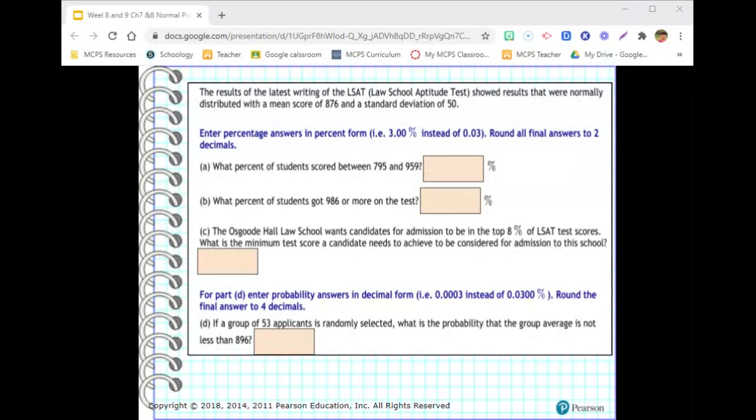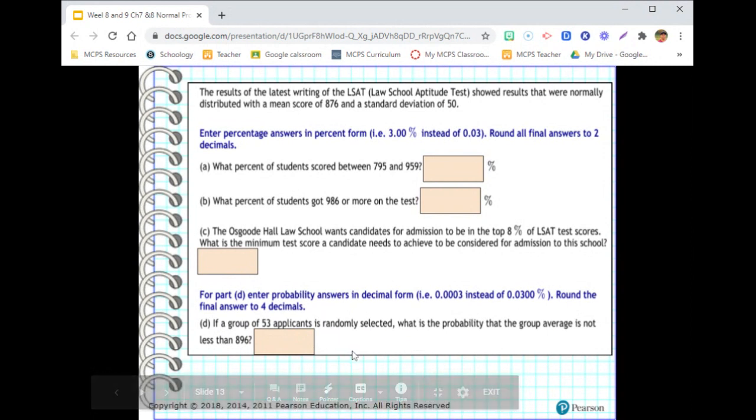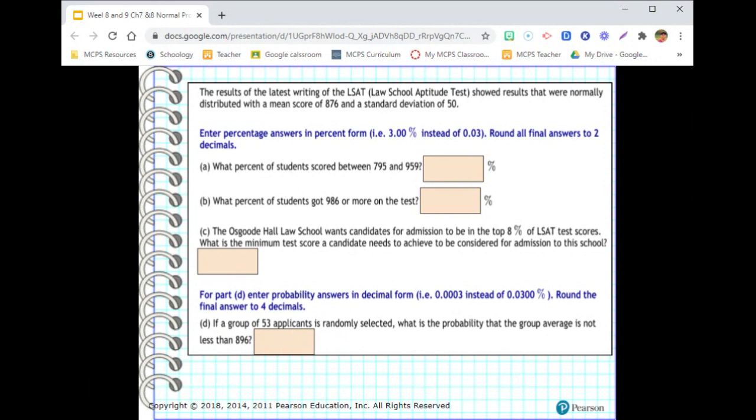All right. So next question. Let me see. Part D. For part D, enter probability answers in decimal. So if a group of 53 applicants is randomly selected, what is the probability that the group average is not less than 896? So this is a combination of the central limit theorem. The formula was given, so I'm just gonna have to remember.